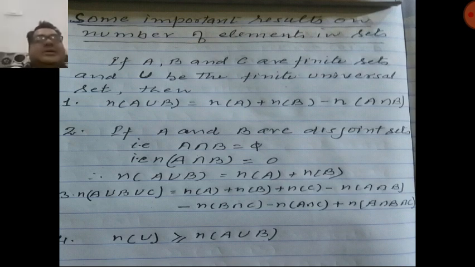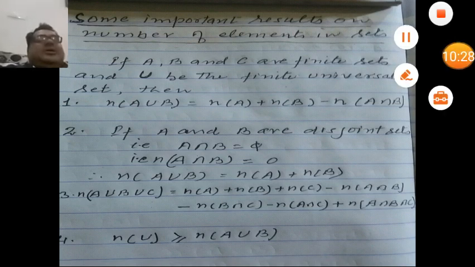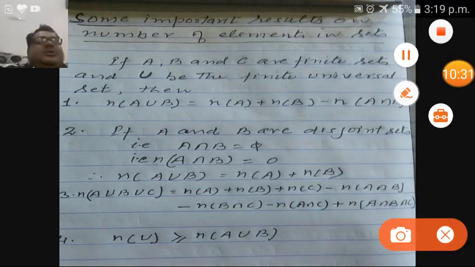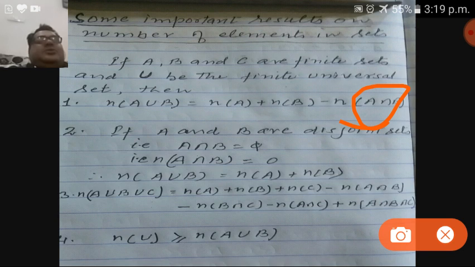If A, B and C are finite sets and U is the finite universal set, then cardinal number of A union B equals cardinal number of A plus cardinal number of B minus cardinal number of A intersection B. But if cardinal number of A intersection B is equal to 0, that is, when A and B are disjoint sets, in that case cardinal number of A union B will be given by cardinal number of A plus cardinal number of B.